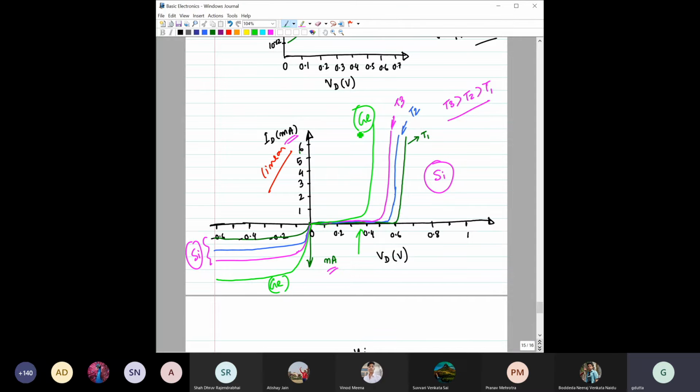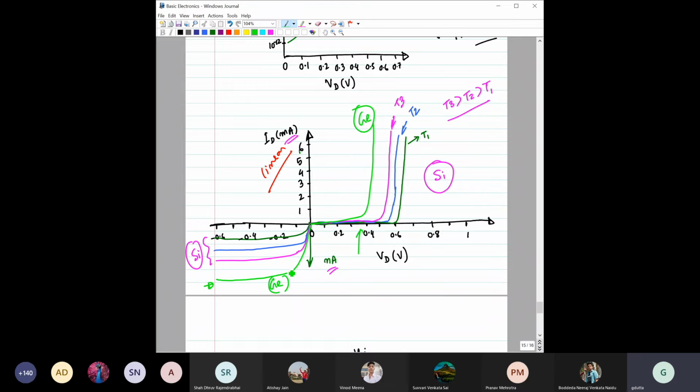You agree with that? Okay, fine. But what about this reverse saturation current or the leakage current? In the reverse bias, ideally we want there should be no current, because this current is not doing any action. In the forward bias, we will probably see in the later half that it does some work, but this current is completely wasted.